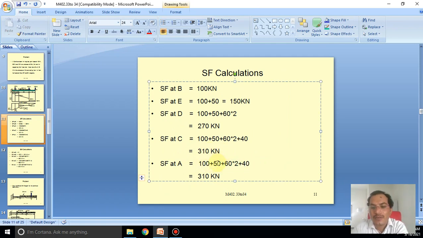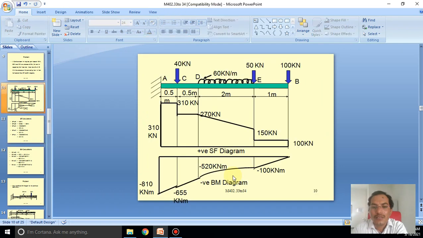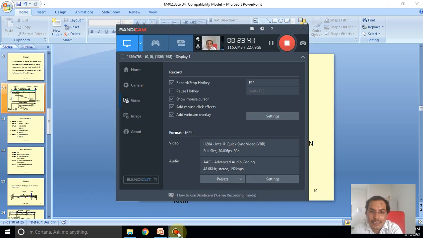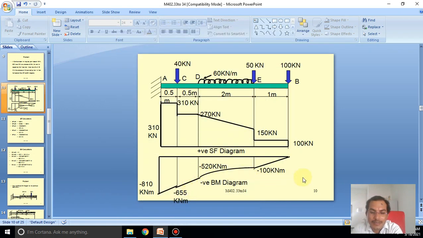What is the C point load? Same as the calculated 310 load, there is no change, 310 load. So from A we can join the horizontal line and vertical line, and the total load is 310 kilonewton.